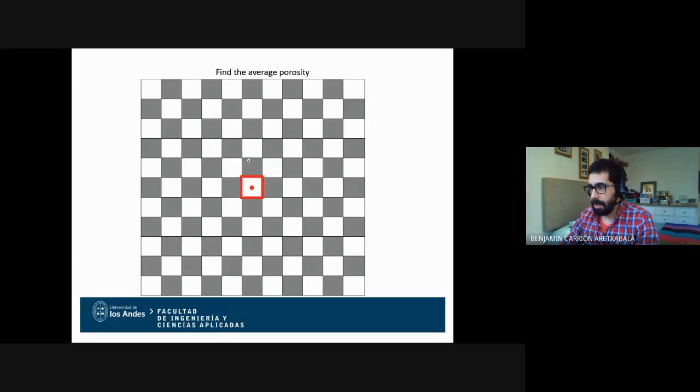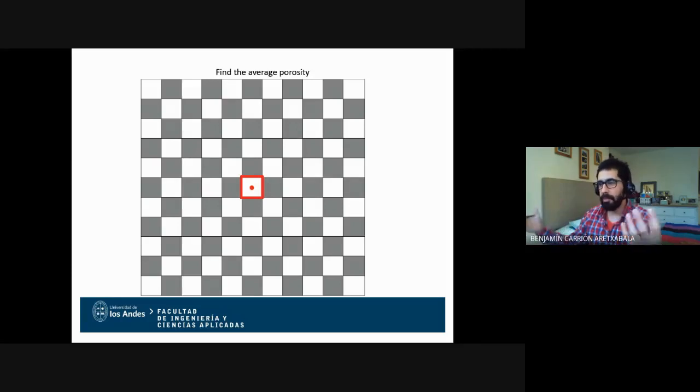If you take 3 squares, then you're going to see that 5 out of 9 squares are voids, right? And if you continue doing that, eventually you will reach a number where more or less half of the squares are void.